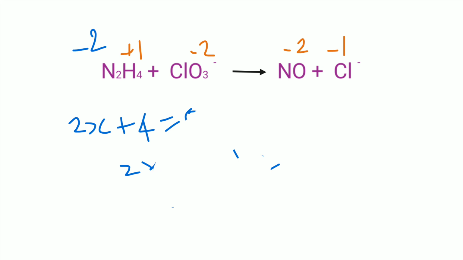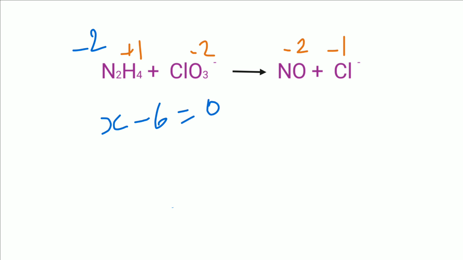The next one, chlorine in chlorate. Chlorine we can assume as x. Then oxygen, 3 times -2 is -6. But this is a polyatomic ion.